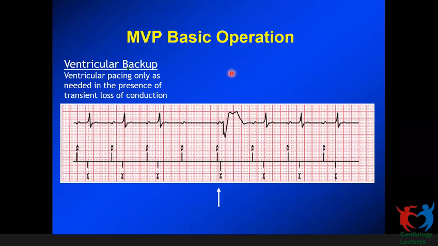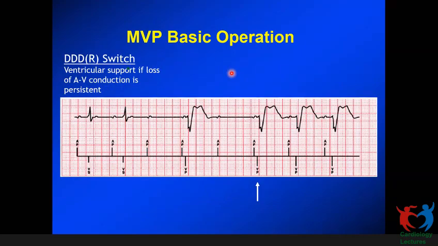But if the patient goes into a persistent AV block, which is defined as 2 AA intervals without a ventricular intrinsic activation, and the pacemaker had to deliver a backup ventricular pace, so for the pacemaker, this is a persistent AV block. Then the pacemaker will switch to a DDD mode.